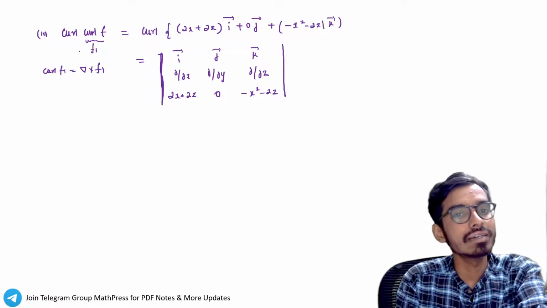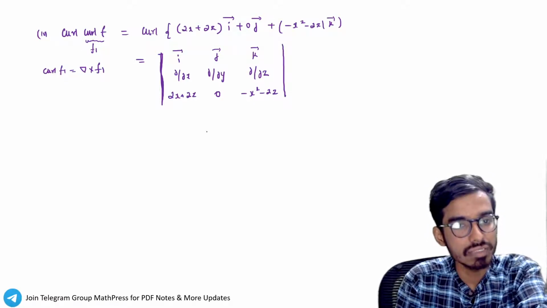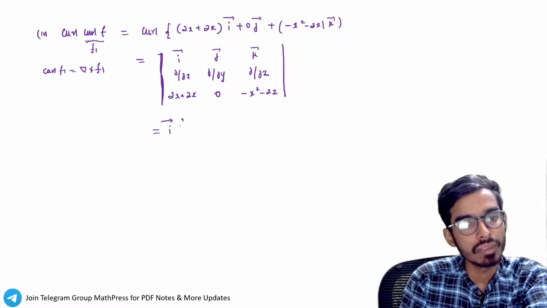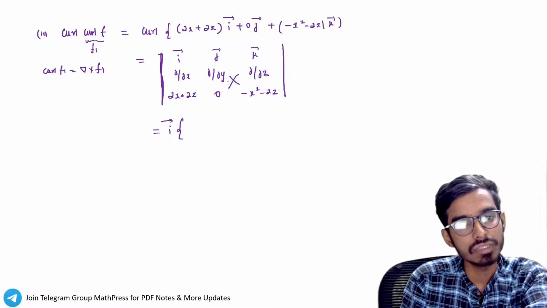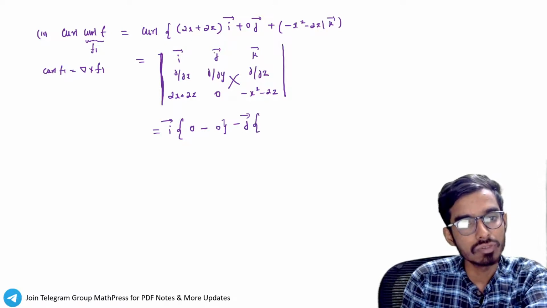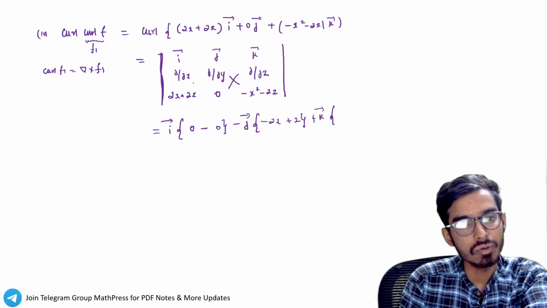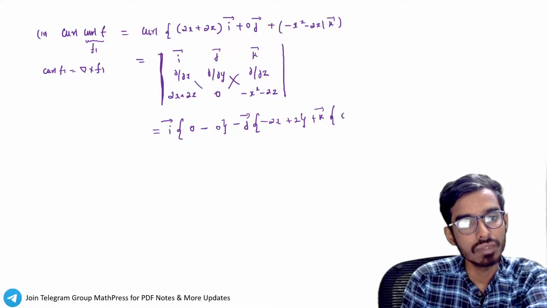Suppose if they ask curl of curl f, that means you need to find curl for this vector point function again, right? So expand this. This will be i vector into, so this into this, so ∂/∂y will be 0, because there is no y component here, again it will be 0, minus j vector into, so ∂/∂x of this, so minus 2x, ∂/∂z of this will be 2, plus k vector into, so ∂/∂x of this will be 0.